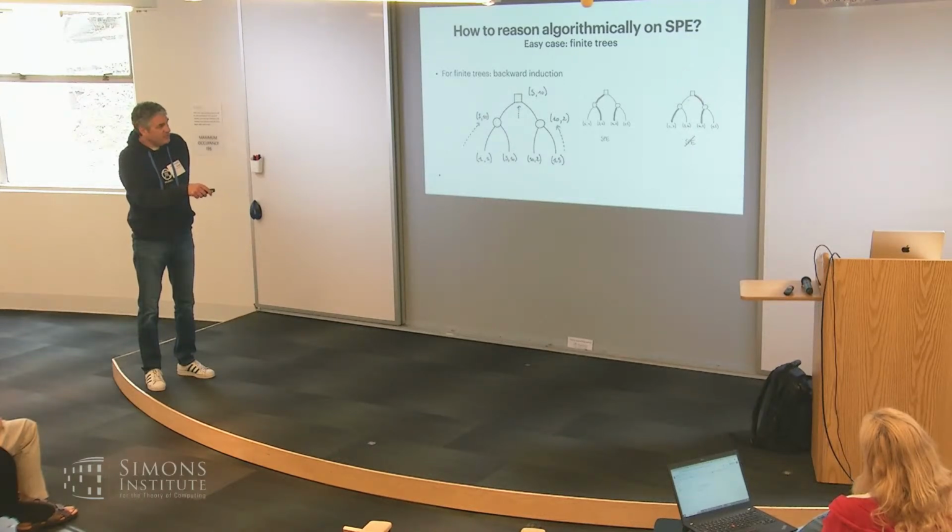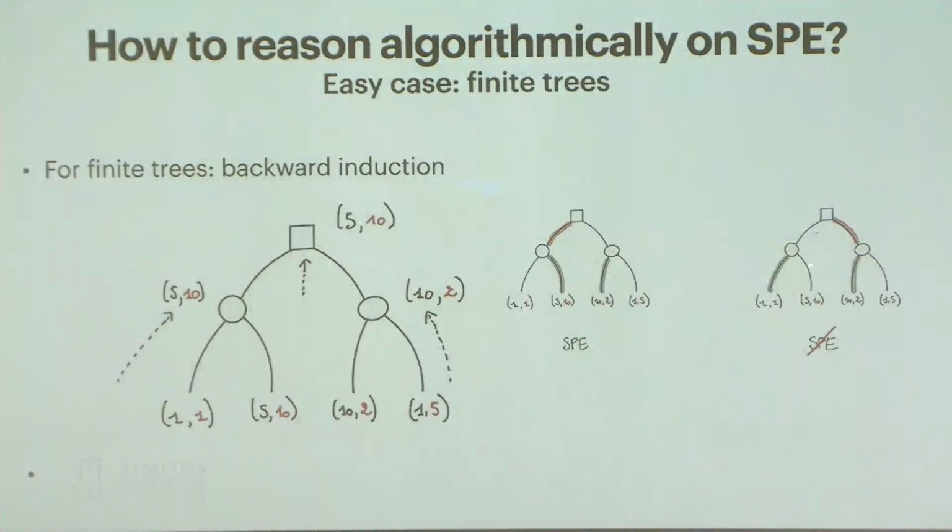But now, if we start the game here, the story will be different. It's not because there is a good path there that you are allowed to play irrationally here. You need to play rationally from here too. So in any case, if we are interested in SPE, the only rational choice for the circle player here is to play this edge.